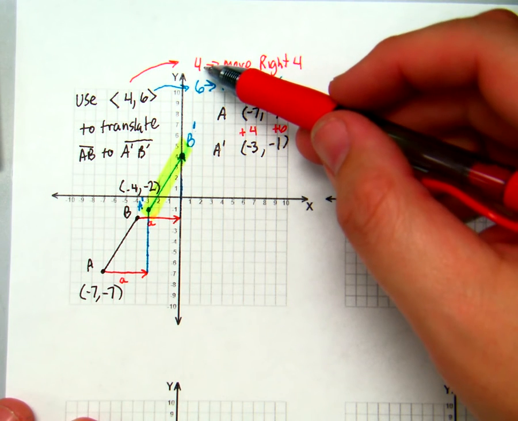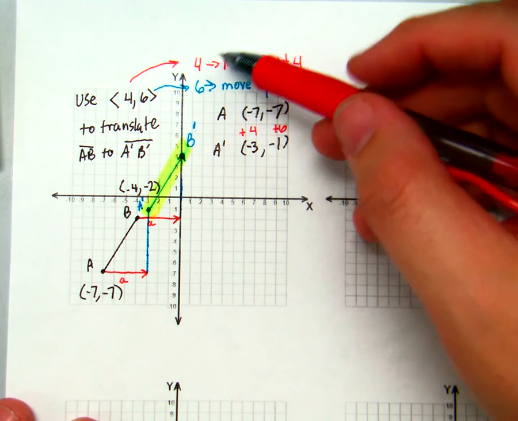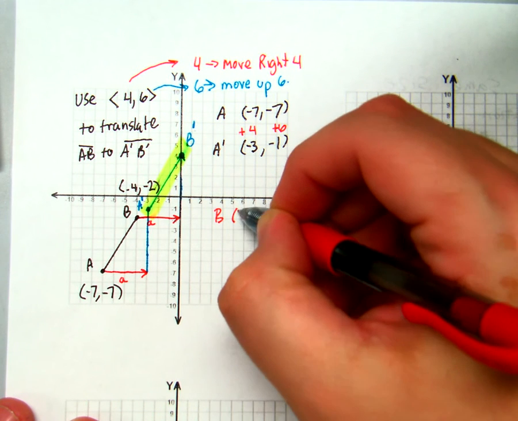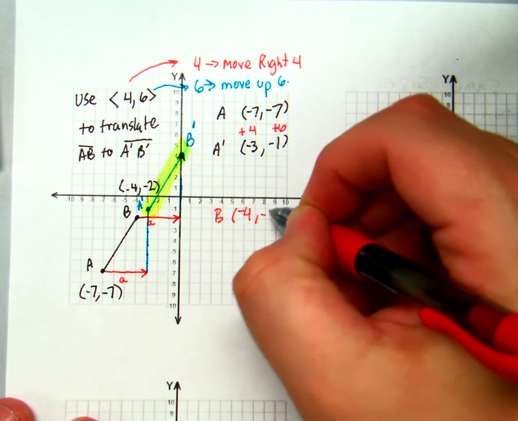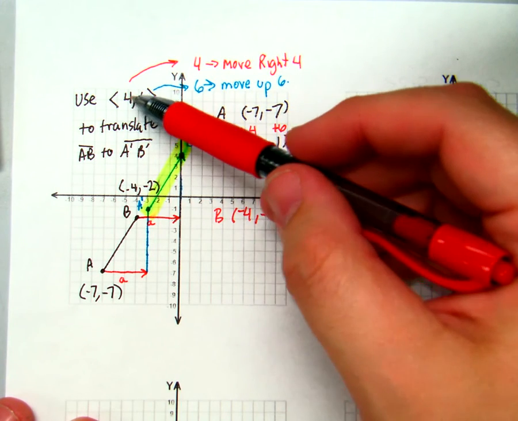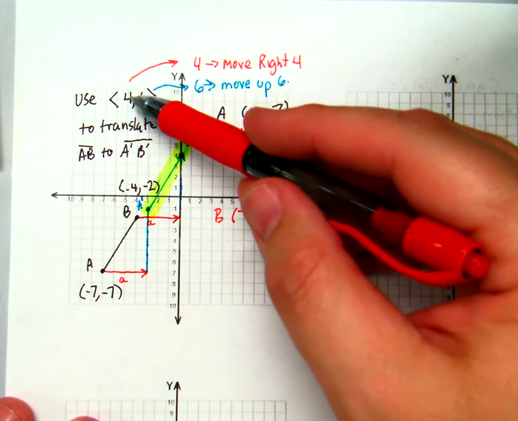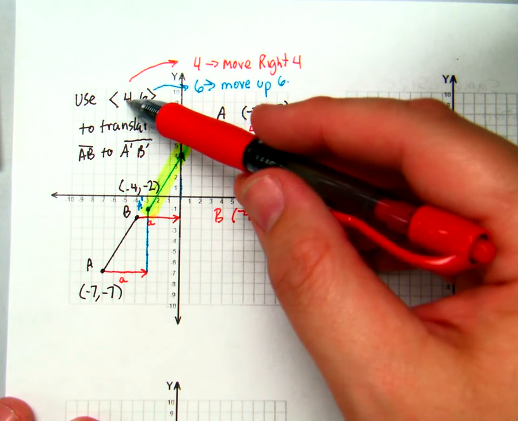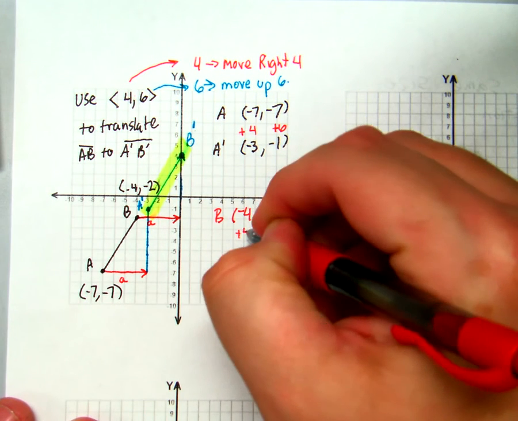Now, B was at -4, -2. My vector says my x is going to go right 4, so I'm going to add 4, and then I'm going to add 6. So where should B prime be?